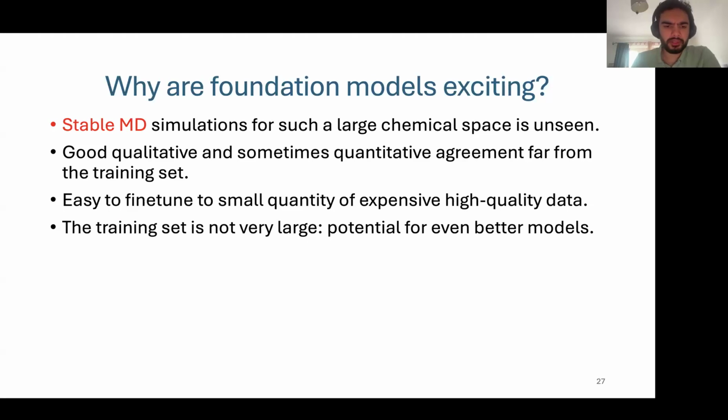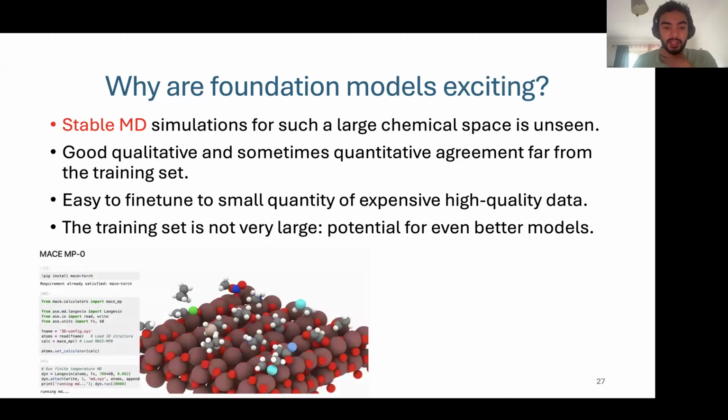And the last point here is that the training set, the Materials Project training set, is actually not very large, and it hints that there is large potential for even better models. And I will quickly go over sharing our latest results in improving these models.